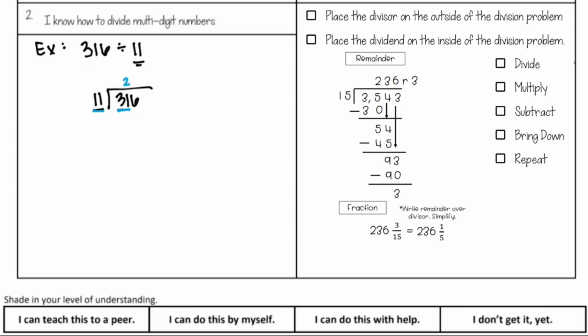So I'm going to divide. Next, I'm going to multiply. 11 times 2 is 22. Next, I'm going to subtract my partial quotient from 31, and I get the remainder 9.